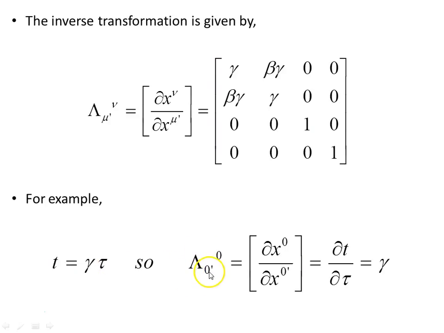So lambda 0 subscript 0 prime to t, that would be written as dt over dx0 prime, which is dt over d tau. Look here, dt over d tau is equal to gamma, and that's exactly what we have up here. The 0, 0 entry, this top left-hand corner entry, is gamma. So that's how you generate these terms from the coordinates themselves.